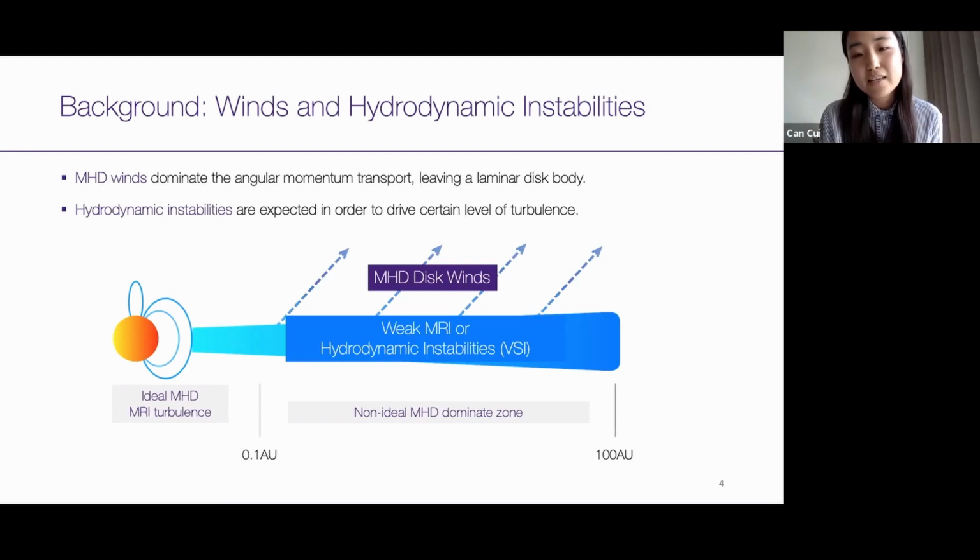And even though the magnetorotational instability is dampened, there could still be some very weak MRI turbulence in the disk. So in this talk, I will focus on two instabilities, the magnetorotational instability and also a promising hydrodynamic instability called the vertical shear instability in protoplanetary disks.